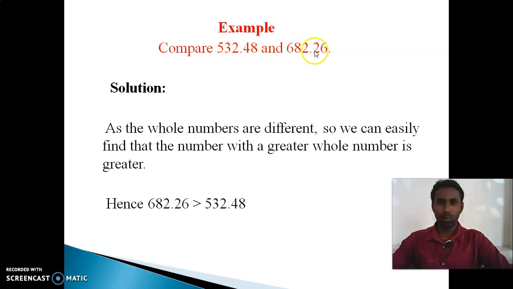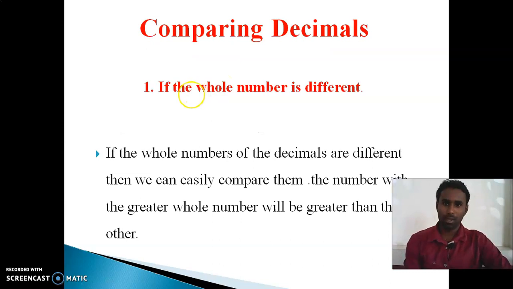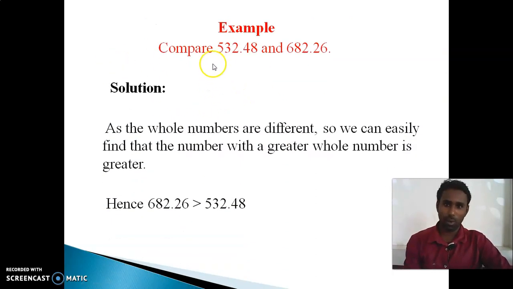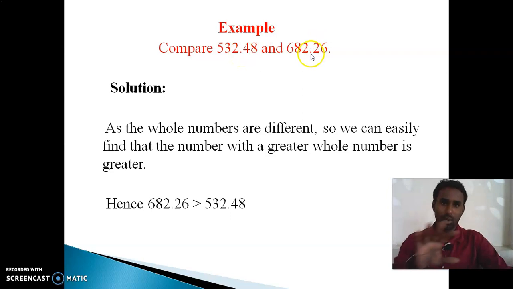So 682.26 will be greater. If the whole number is different, meaning the part on the left side of the point, then we can compare directly. So 600 is greater than 500.